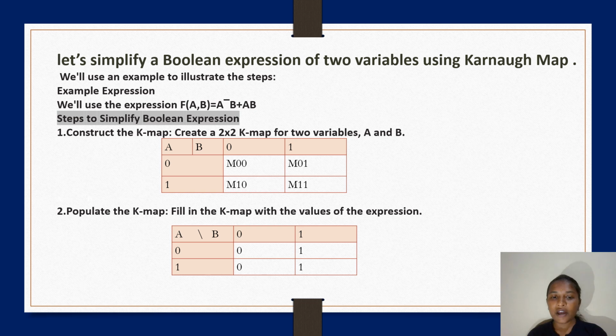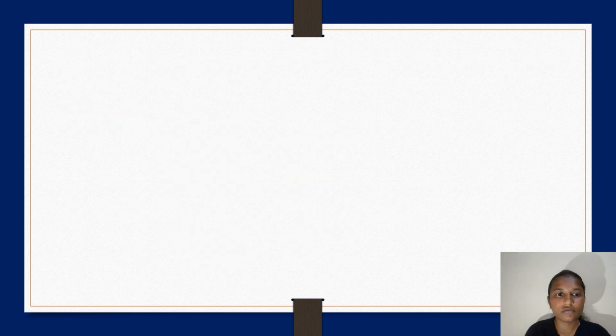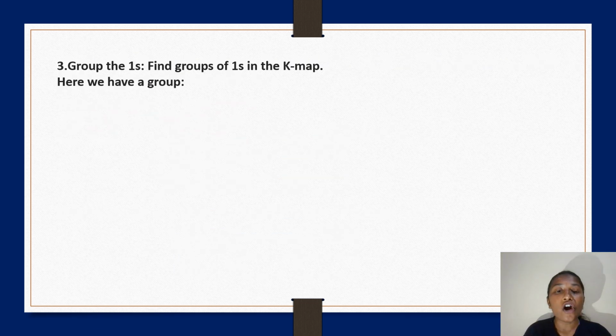In this K-map, I am going to fill it in such a way that A bar B bar is filled with the value 1 and AB is filled with the value 1. You can see I have filled it in such a way. After filling my K-map, I have to group the ones in the K-map.